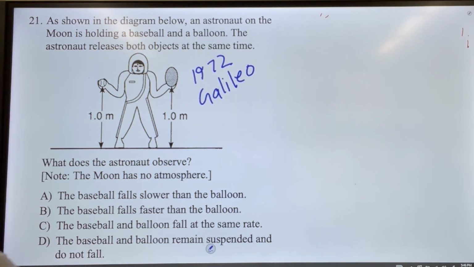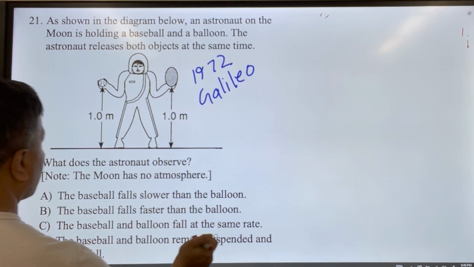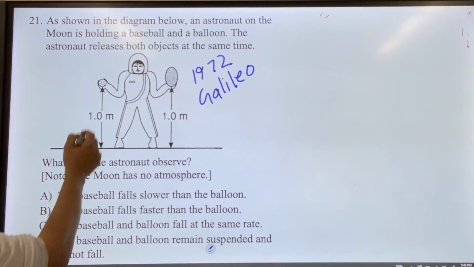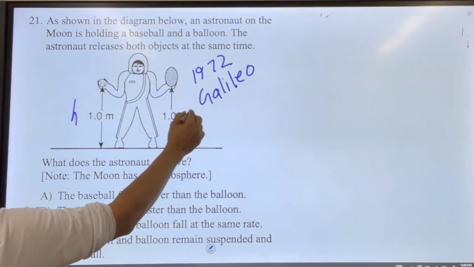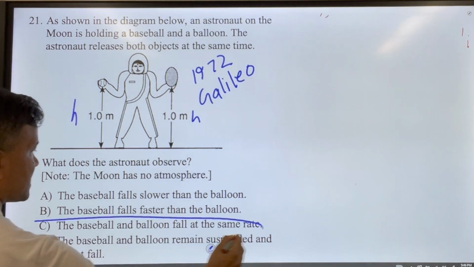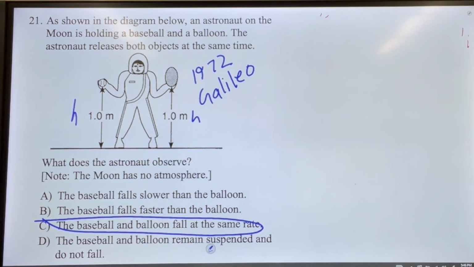So you have the balloon, which is very light, and you have a tennis ball, which is a little heavier than balloon. However, both have to touch the ground at the same time because they fall from the same height. So the baseball and balloon fall at the same rate and touch the ground at the same time.